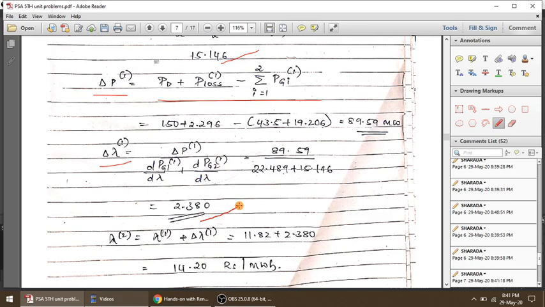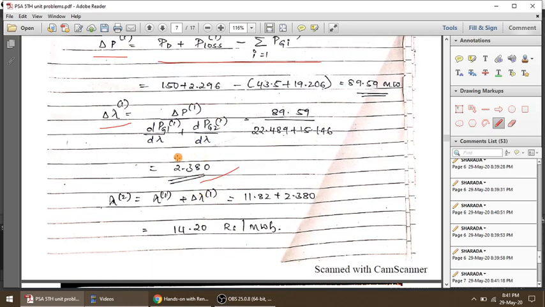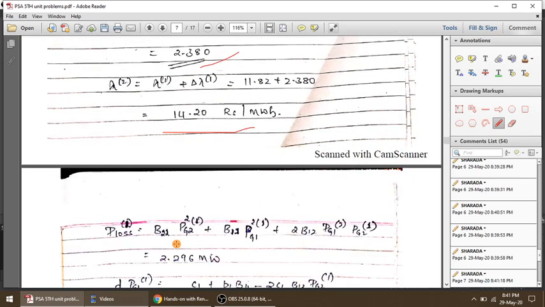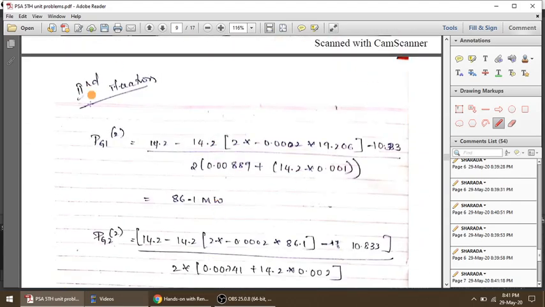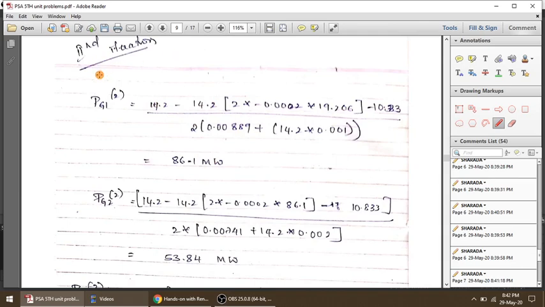So I'll get around 2.380. This much amount of lambda value has to be added to the first estimate. So I'll update my lambda 1 value, and I'll get lambda of 2, the next iteration lambda value, equal to 14.20. Sorry, this page is repeated. So now we will start with the second iteration.